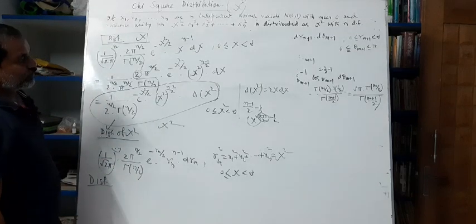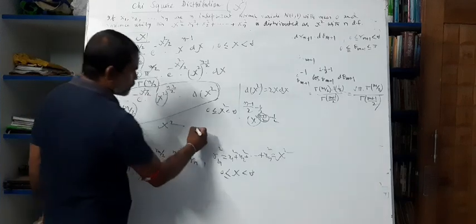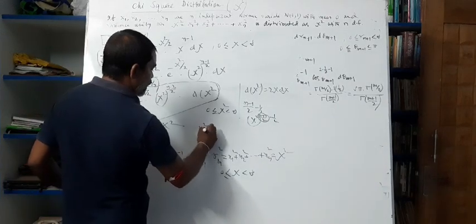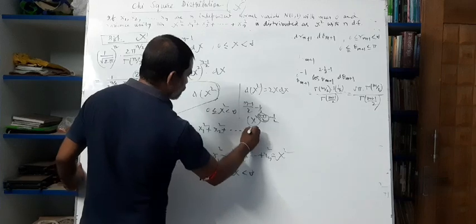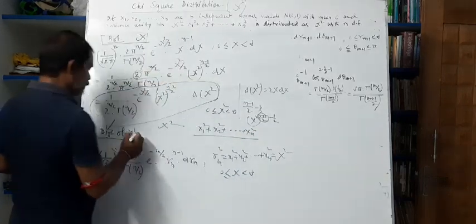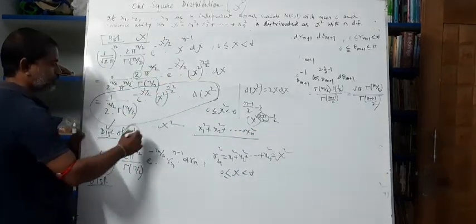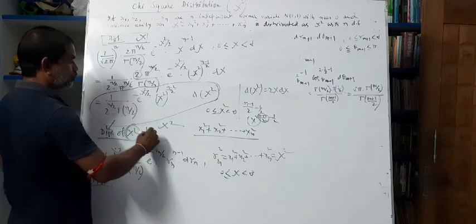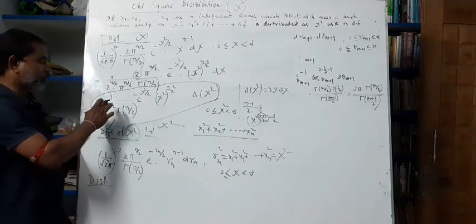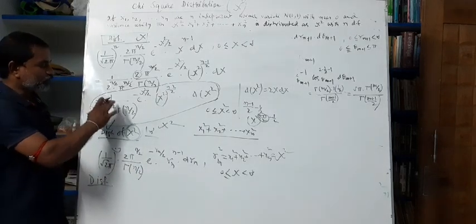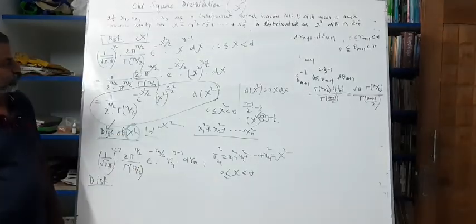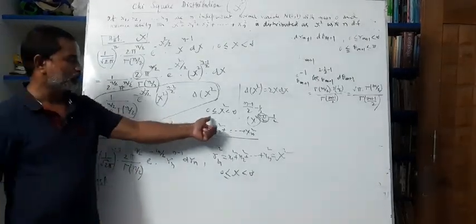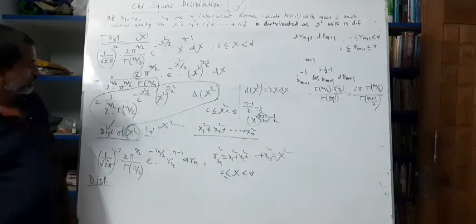And as there are n standard normal variates, the degrees of freedom of this chi square is n. So this is the distribution function of chi square with n degrees of freedom, where 0 less or equal to chi square less than infinity.